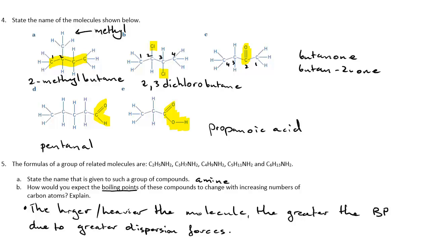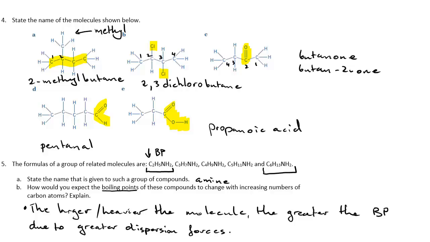So in this case, related to this example, you can see that this compound here is the lightest one out of all of them, and I believe this one here is the heaviest one. So this one here would have the lowest boiling point because it has the least dispersion forces.